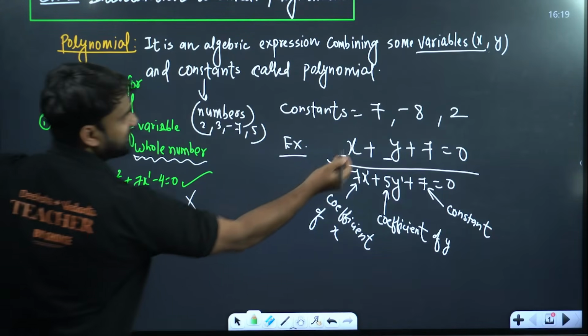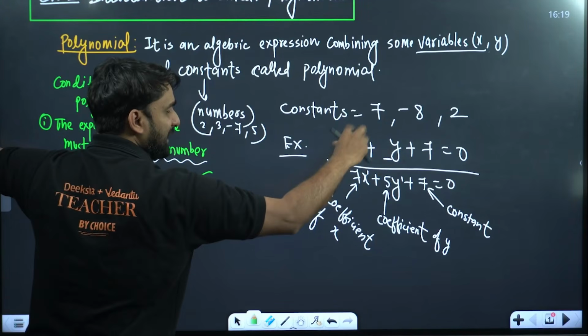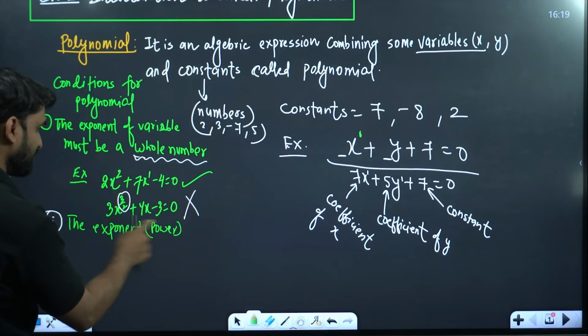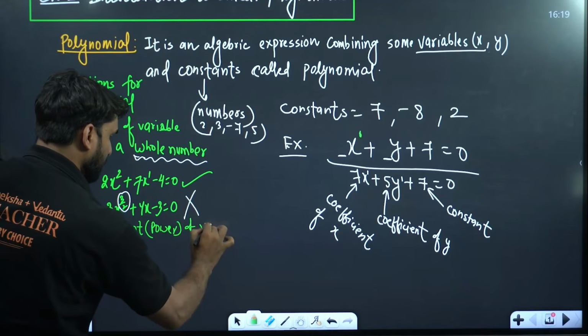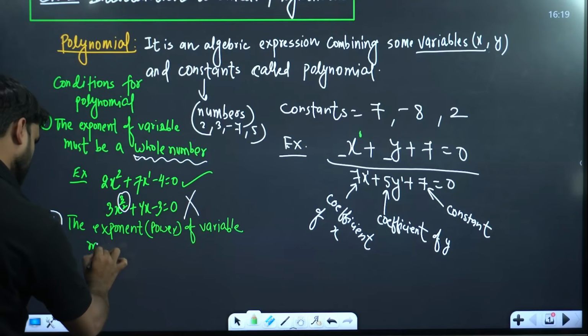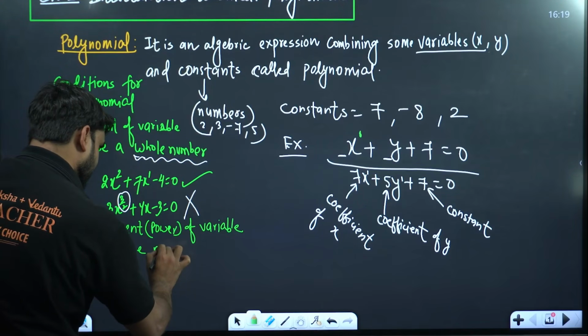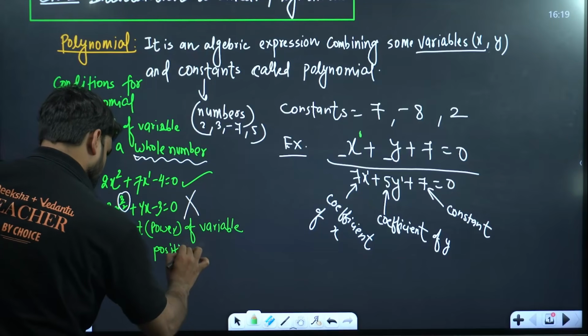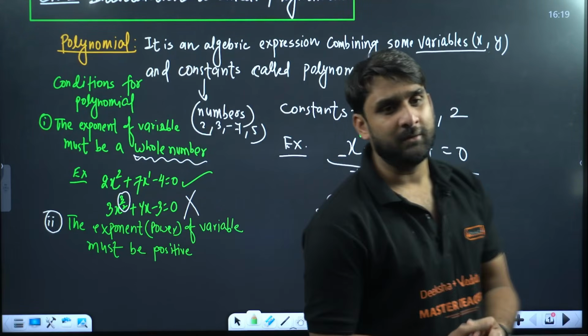Whatever number comes up here is called the exponent, and power is the value which comes up after solving. So the exponent, or we can say the power, of the variable must be positive. My dear champion, if the exponent of a variable is negative, it cannot be a polynomial.